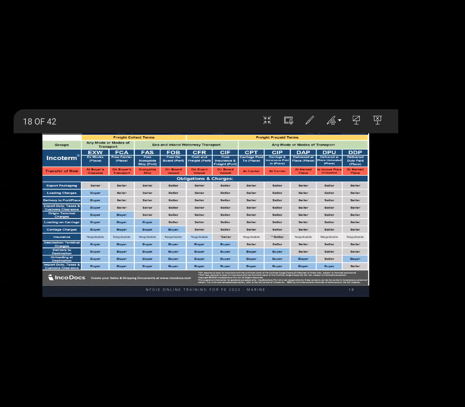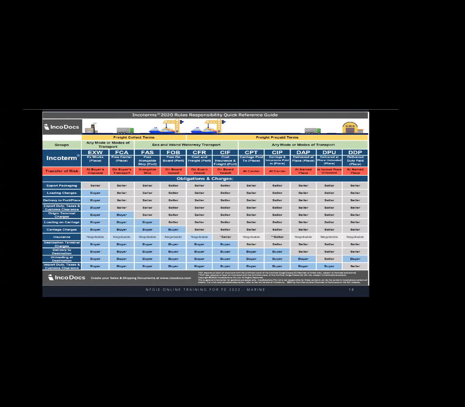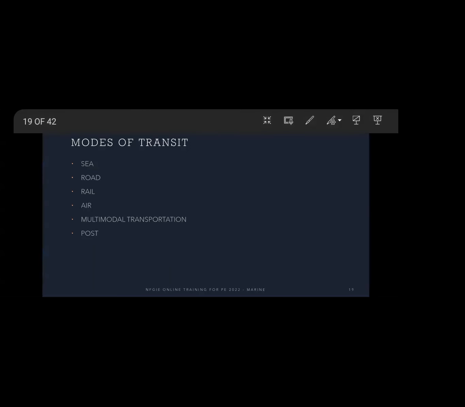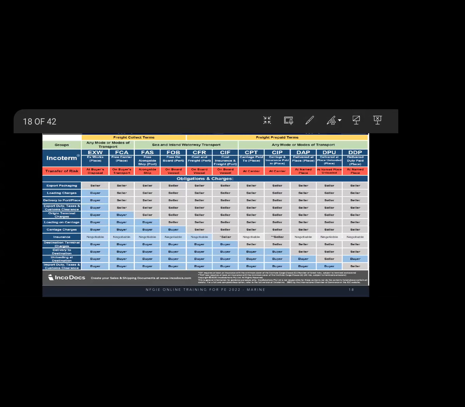Now this is a chart which shows the 11 Incoterms. This chart will help us understand the concept of Incoterms very well.